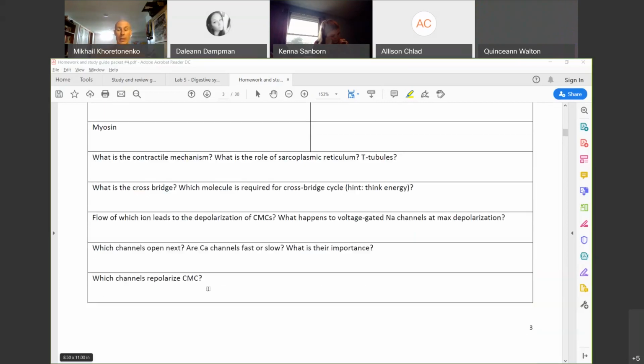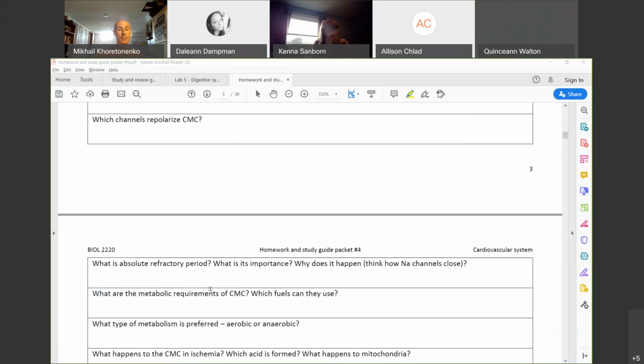Potassium channels repolarize cardiomyocytes. The absolute refractory period is the period when nothing can cause another contraction of the cardiomyocyte, and it's important because then it prevents tetanic contractions. It happens because sodium channels don't just close at the maximum depolarization, they are actually getting inhibited.